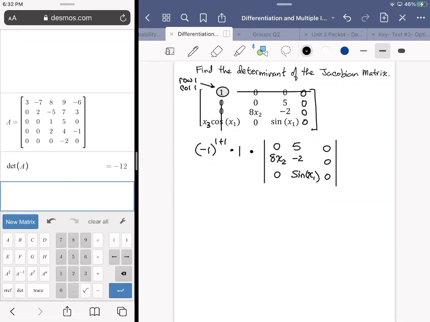So this gives a result of 1. Now, when I break this one down, you just pick your poison. It really doesn't make a difference. Go with the 5 if you want, that top entry.